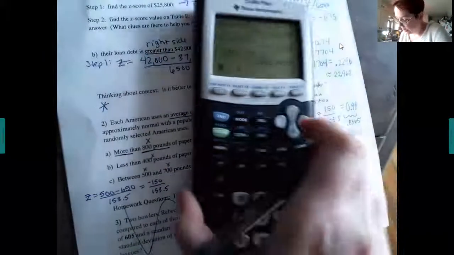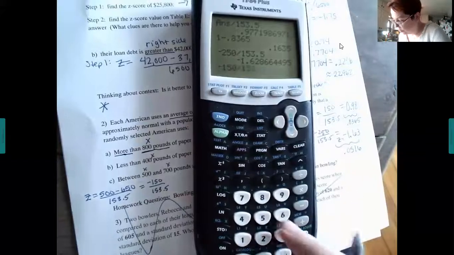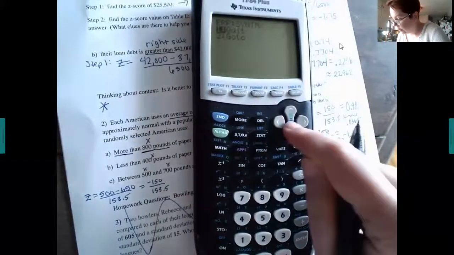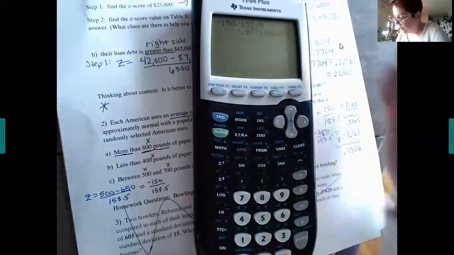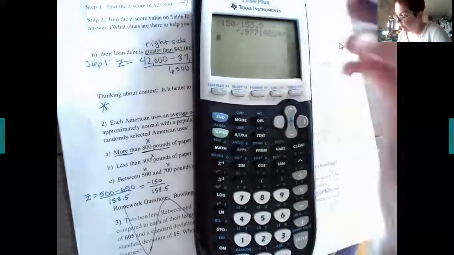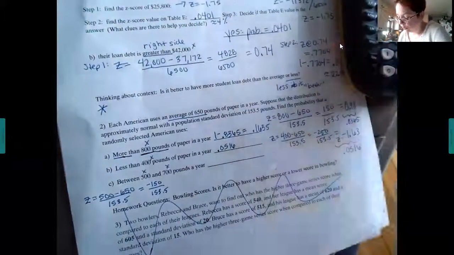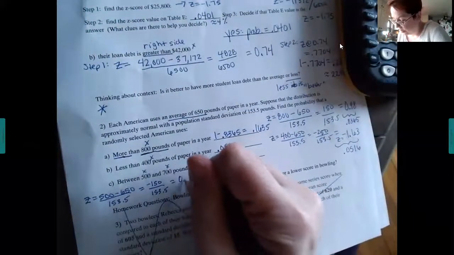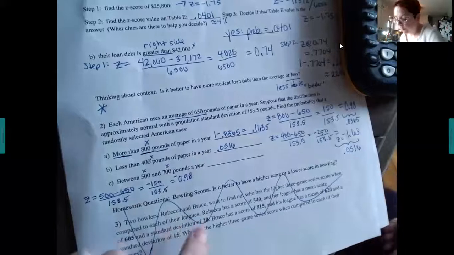Okay, and that should be just negative, right? And that 7 is big enough to change that second digit into an 8. So our z-score value here is negative 0.98.